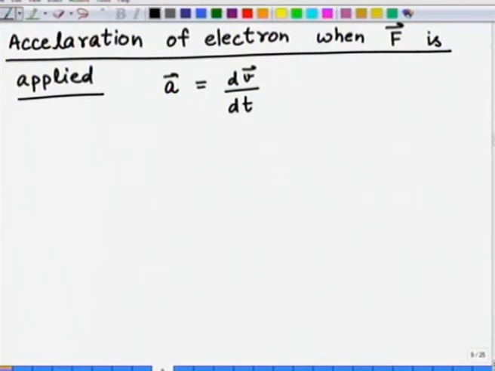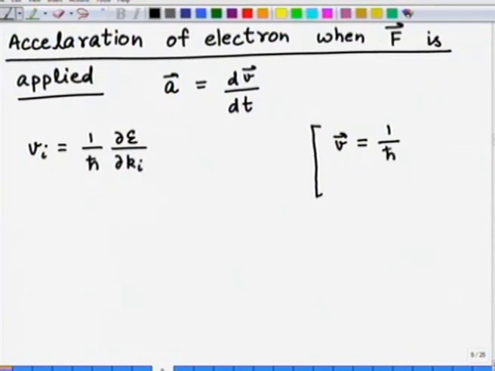So now I am going to start using indical notation. Let us start from here. What I will write is v_i, with i being 1, 2 or 3, is 1 over h bar del E by del k_i. For those of you who are more comfortable with vector notation, that quantity is simply del E by del k.